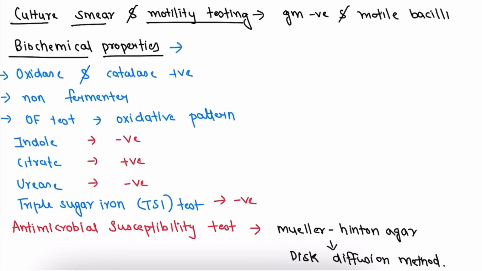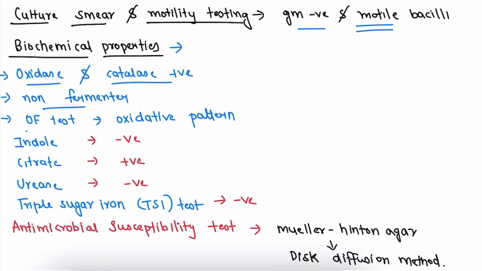Now coming to the culture smear and motility testing. Again we are going to see gram-negative bacilli and motile. Now the biochemical properties of Pseudomonas. As we already know, it is oxidase and catalase positive. It is a non-fermenter and produces non-lactose fermenting colonies in MacConkey agar.